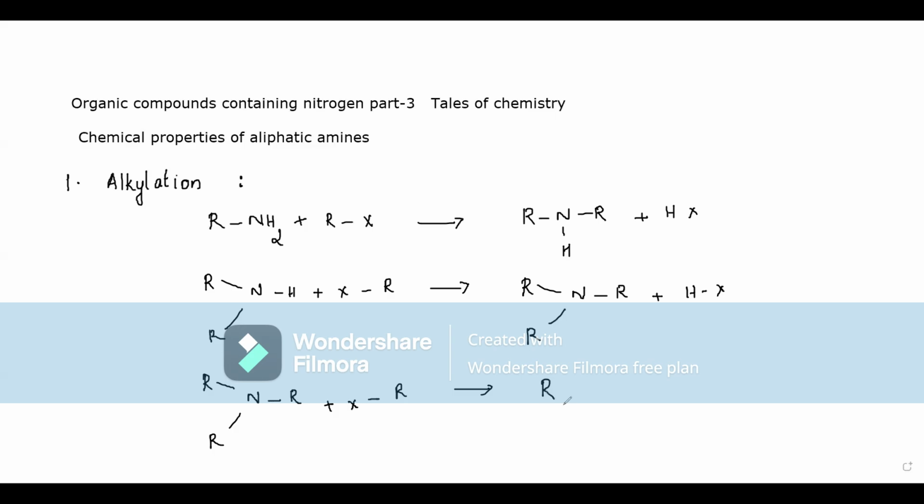So you will be getting R4N, N with a positive charge now because the lone pair is used to form a new bond with R, and X minus will be attracted to the N plus. So this is the quaternary ammonium salt. This reaction does not require much of an explanation because you have already studied it.